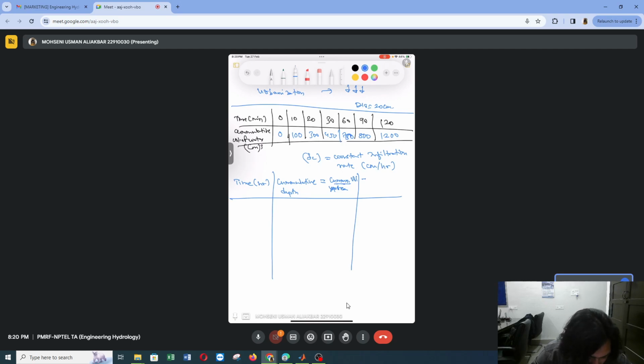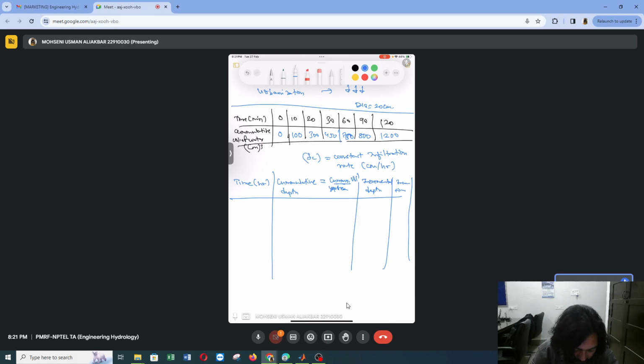Then we'll calculate incremental depth and incremental time, and later by dividing these two terms we'll get the value of infiltration.